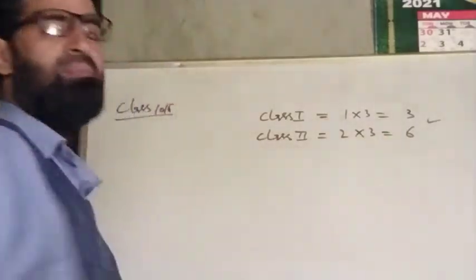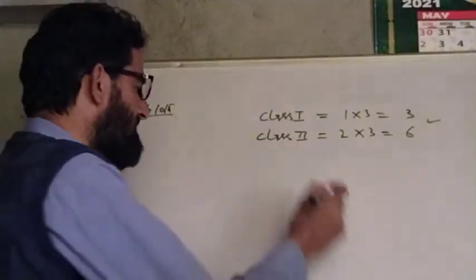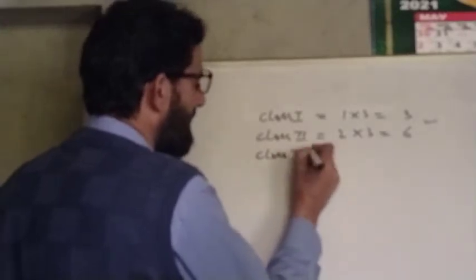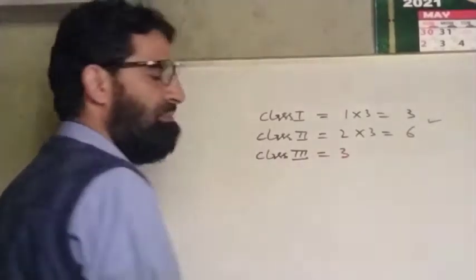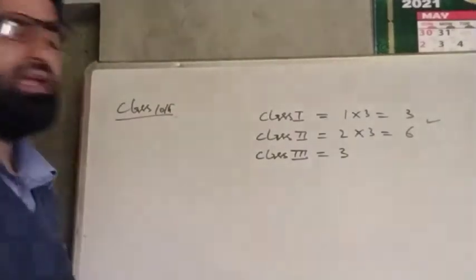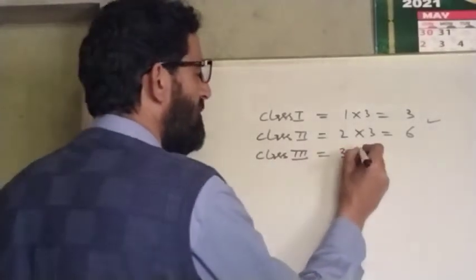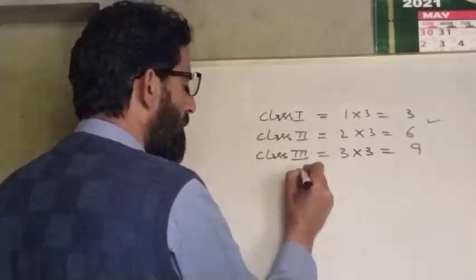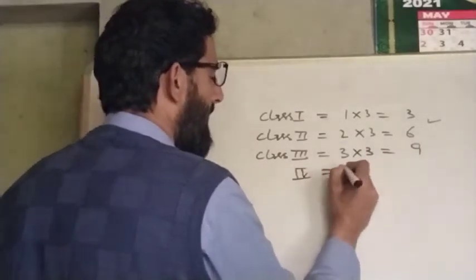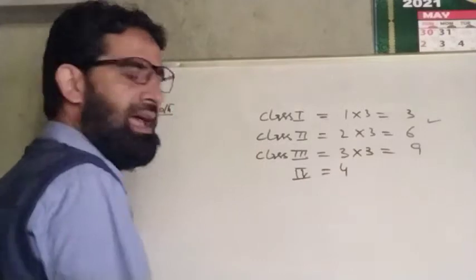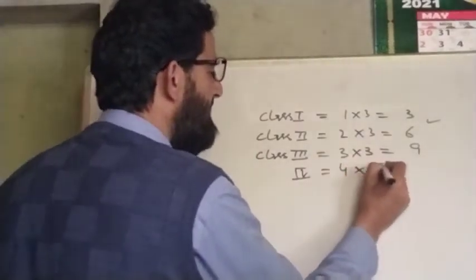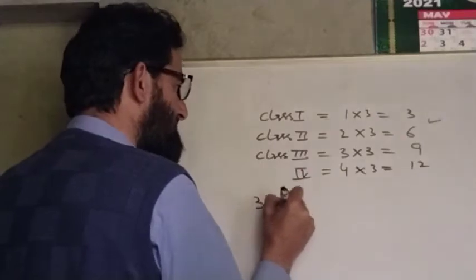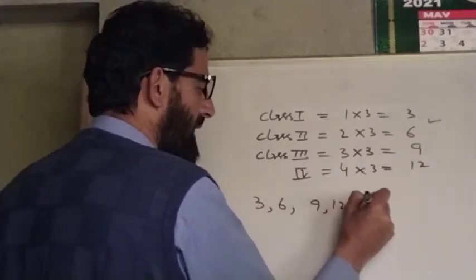So class second will plant 6 trees. Similarly, class 3 will plant 3 trees, but there are 3 sections, so 3 3s are 9. Similarly, 4th class will plant 4 trees, and there are again 3 sections, so this is 12. So the AP is formed like this: 3, 6, 9, 12, and so on.